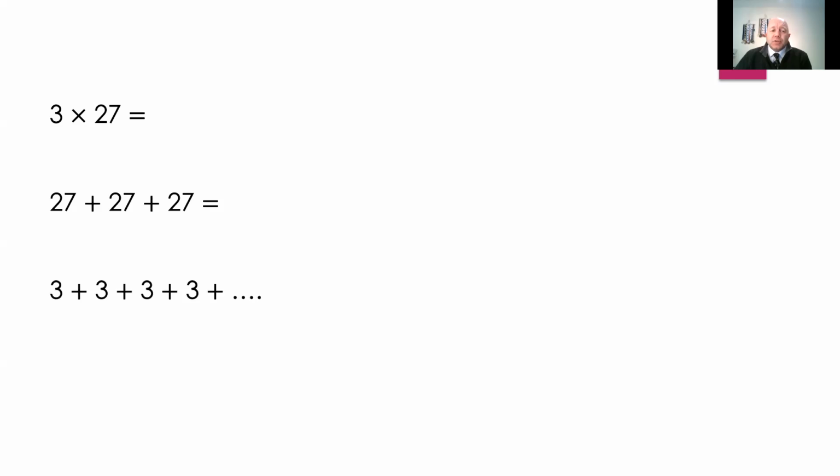So it would be 3 plus 3 plus 3 plus 3 plus 3 plus 3 plus 3, 27 times. So multiplication works in both ways. It's commutative, which means we can say 3 times 27 or 27 times 3 and get the same answer. Okay. So we can have 27 plus 27 plus 27 or 3 plus 3 plus 3, 27 times.